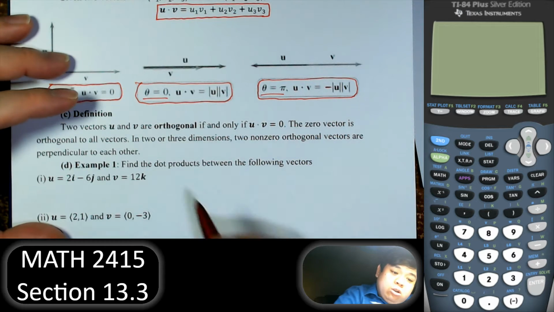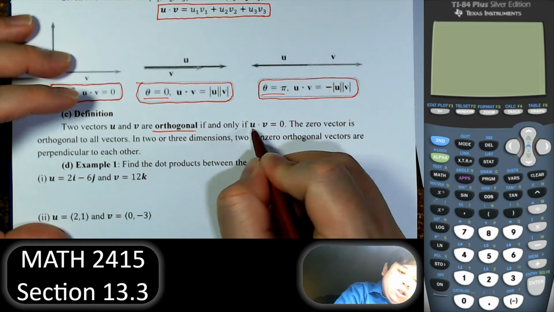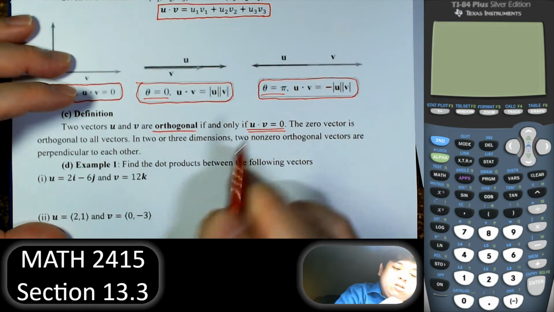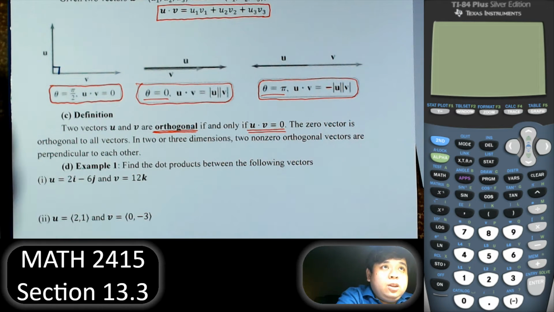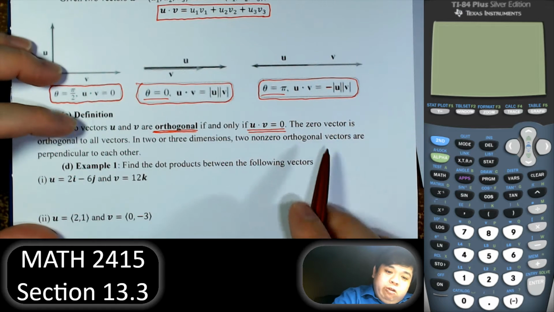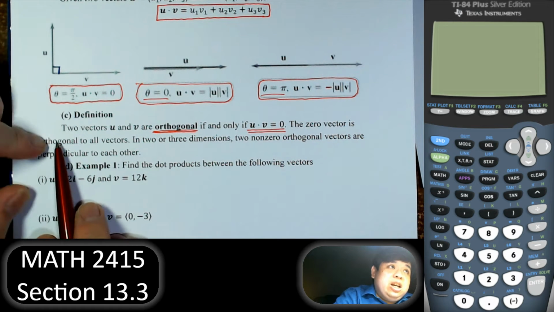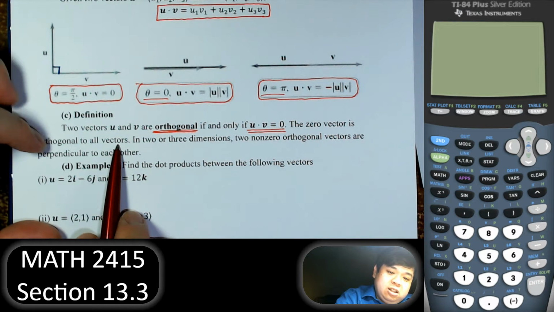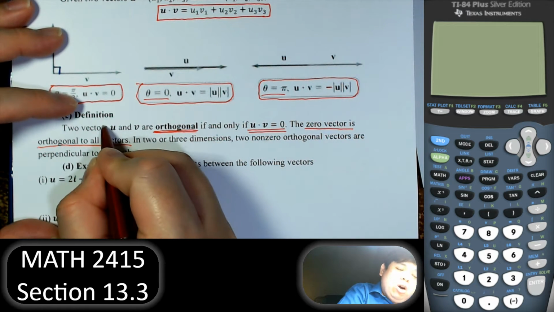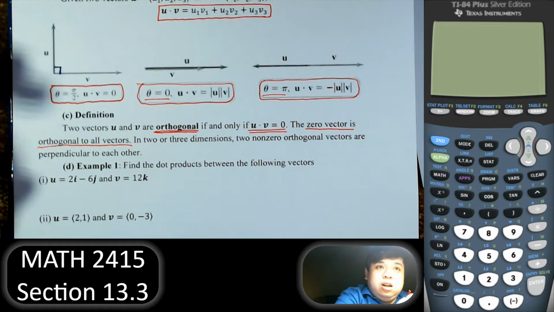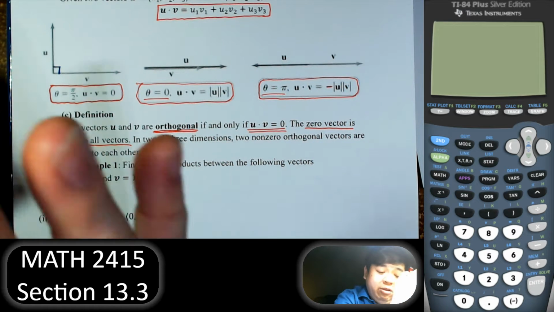So we say orthogonal is where the dot product is equal to 0. This is the only definition of orthogonal. So the zero vector, by definition, is orthogonal to all other vectors. That's why we don't put non-zero here, because the zero vector is orthogonal to every other vector.